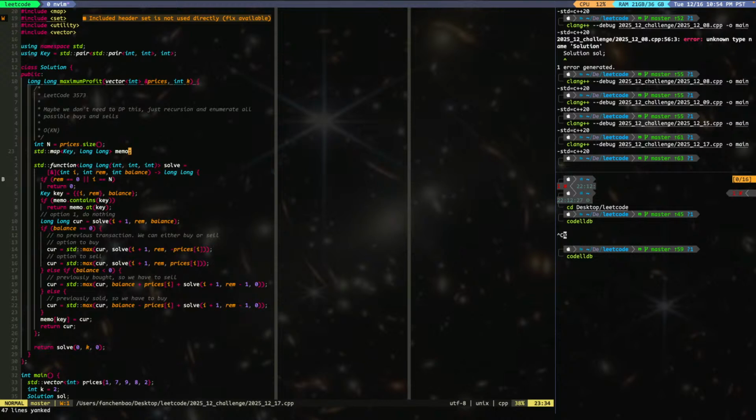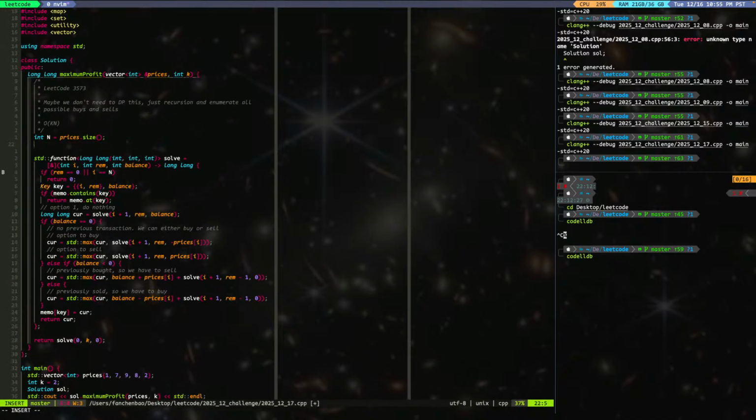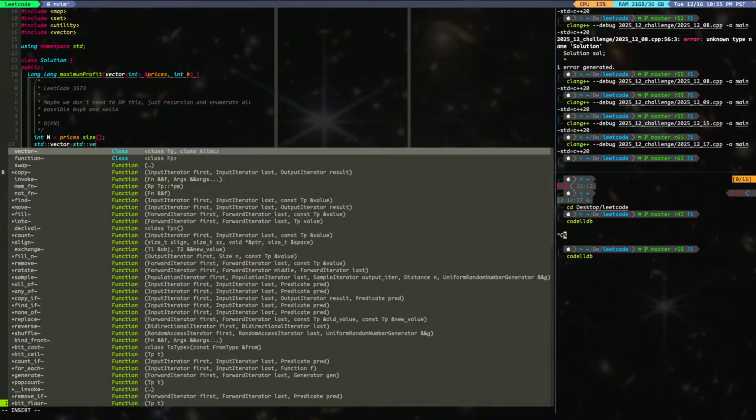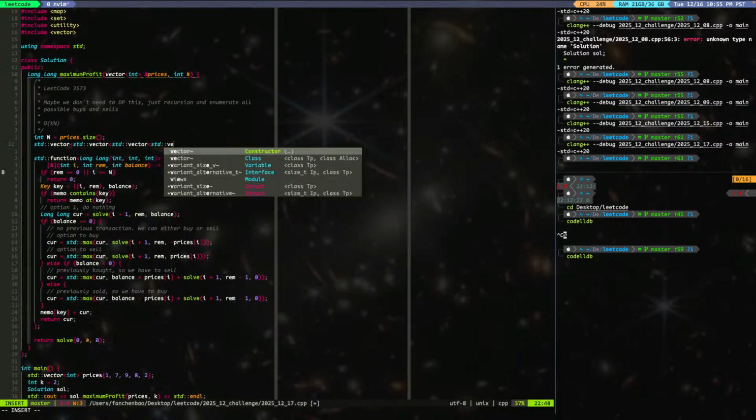This is just, I need to know the previous transaction. It is a 4-level thing, okay? It's a 4-level thing. So if I don't do this, then a memo needs to be a 4-level thing, right? So it has to be a vector of a vector of a vector of a vector.